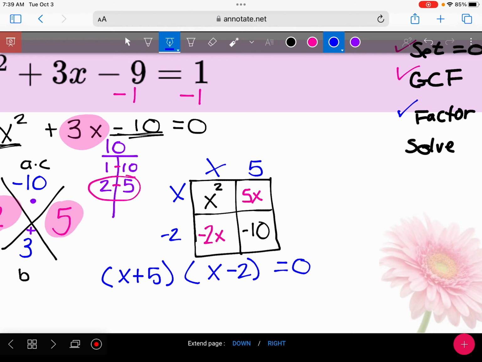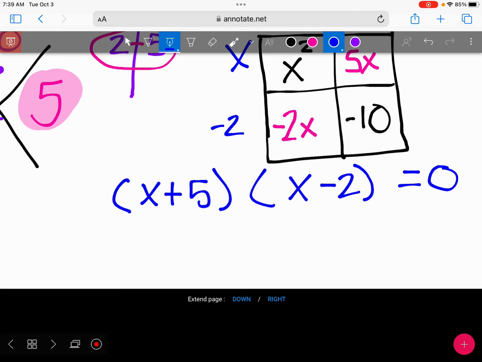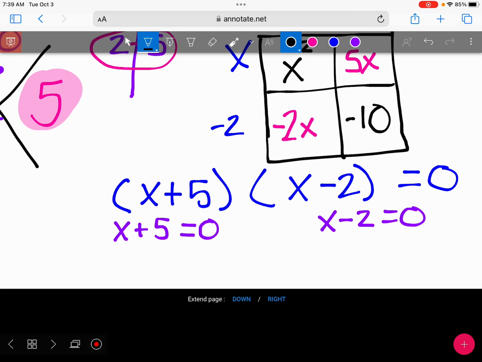Now we're going to add in that solving. So we're going to come down here below and we're going to say, all right, when does x plus 5 equal 0? And when does x minus 2 equal 0? So with our x plus 5, what do we need to do to both sides? Subtract. So we're going to have that our x is what?